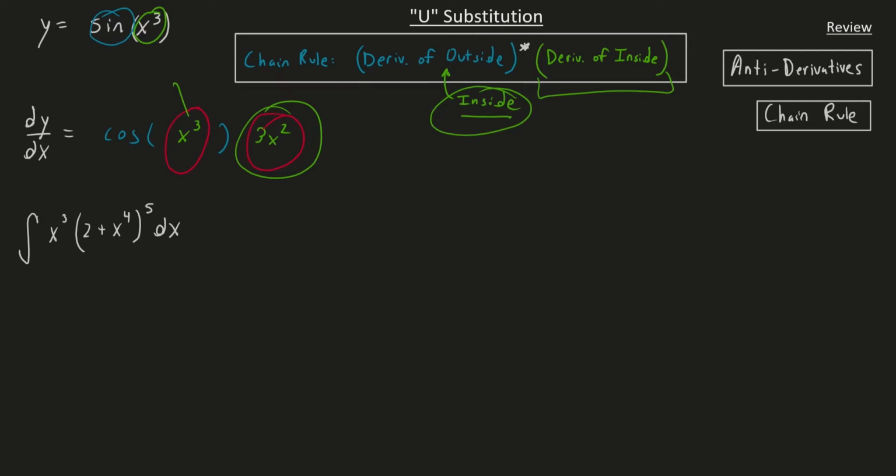So, if I'm really looking, this guy right here looks like the inside, and that's 2 plus x to the fourth. Derivative of that is an easy 4x cubed. Well, here's an x cubed. It's not 4x cubed, but it is x cubed. And I'll show why the 4 doesn't exactly matter, but this is looking pretty close to the derivative of that inside. So this shows us that U-substitution is the way to go here.